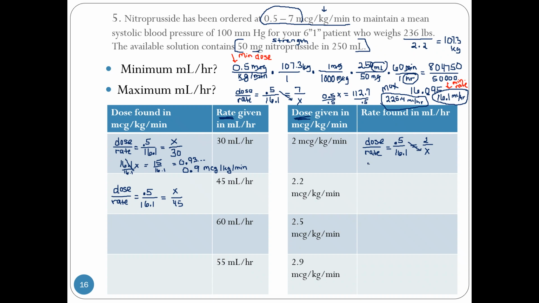So multiplying diagonally, I get 0.5x is equal to, and on this diagonal, I take 16.1 times 2, which is 32.2. Then I divide by 0.5 on both sides. And I get an answer of 64.4 milliliters per hour.